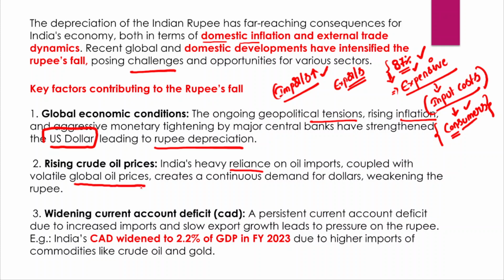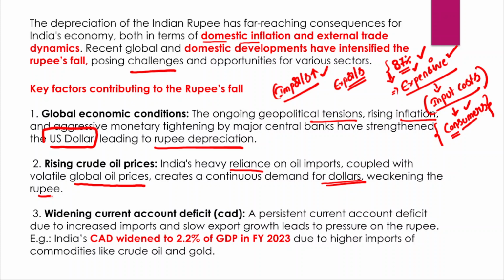So oil prices have never been stable, right? Sometimes the oil prices are very high. So high oil prices mean import of oil would become very expensive for India, and that very often creates a continuous demand for the dollar and further weakens the Indian rupee as well.